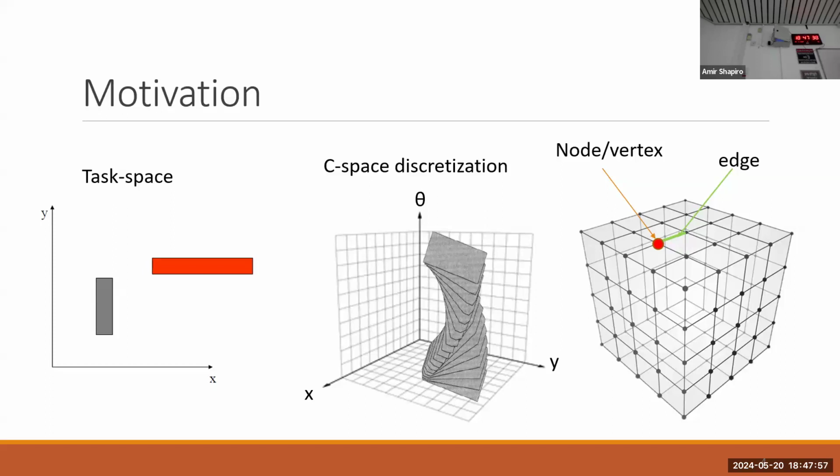If there is a vertex inside the obstacle, we just remove it. And we also remove the edges that go into the obstacle.